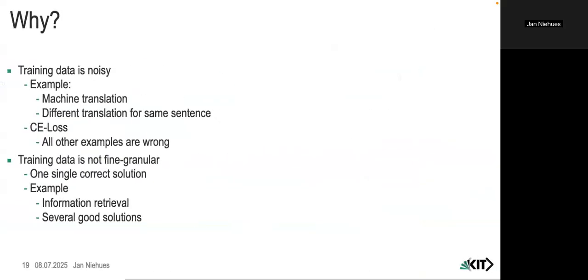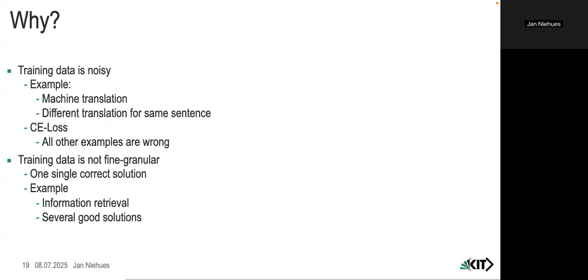So what is now the big advantage of this type of approach where you have different things? The problem is if you're doing the normal cross entropy loss, for example in machine translation or some text generation task.